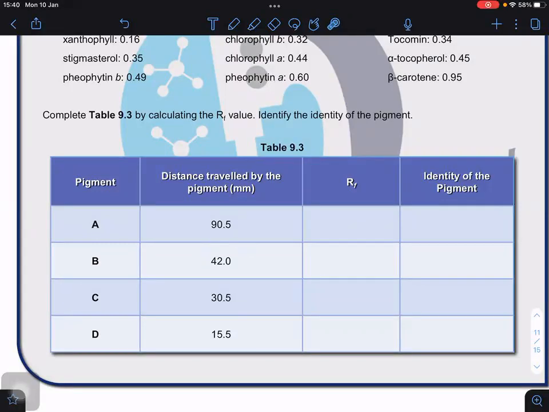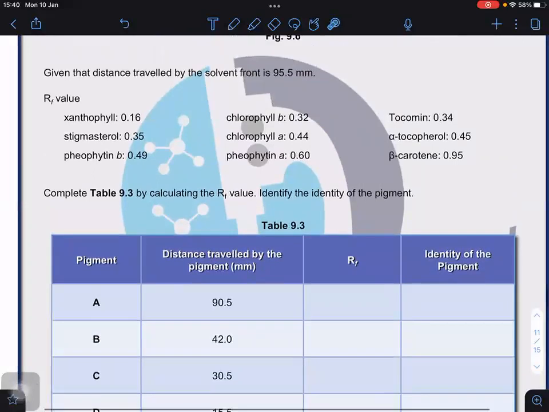Calculate the RF value and identify the pigments from the database. Please do it now.